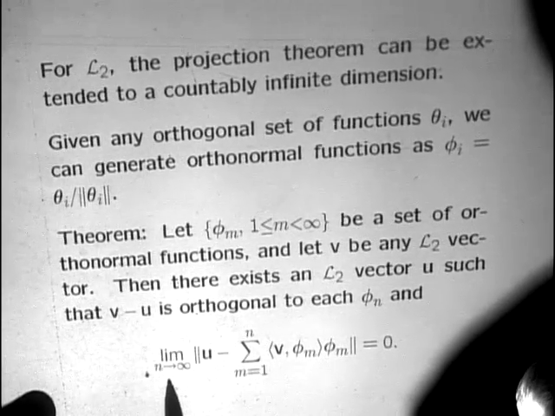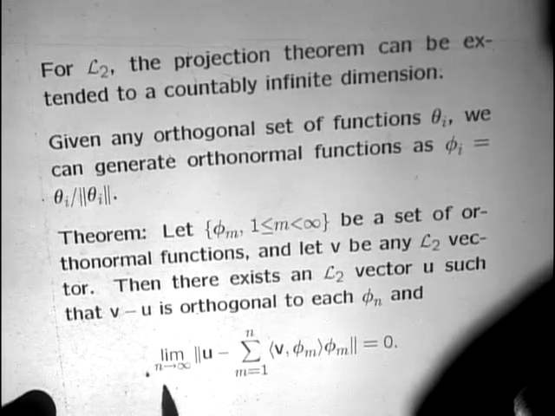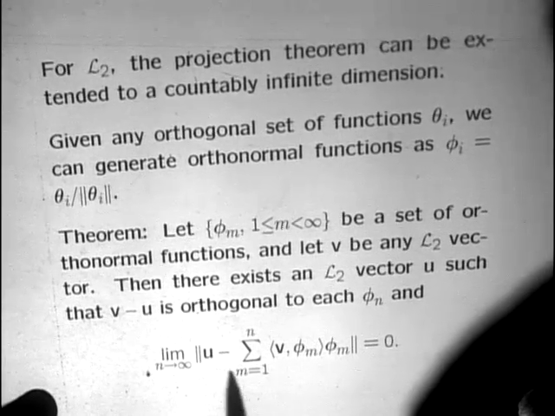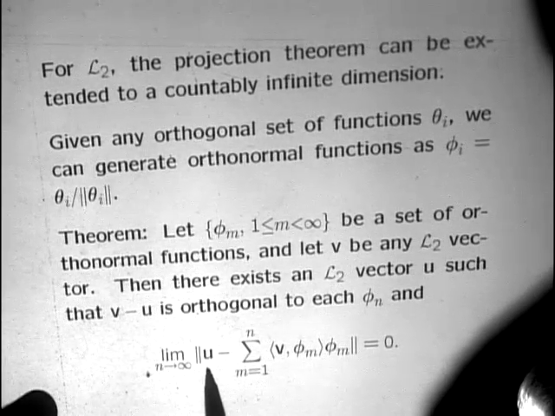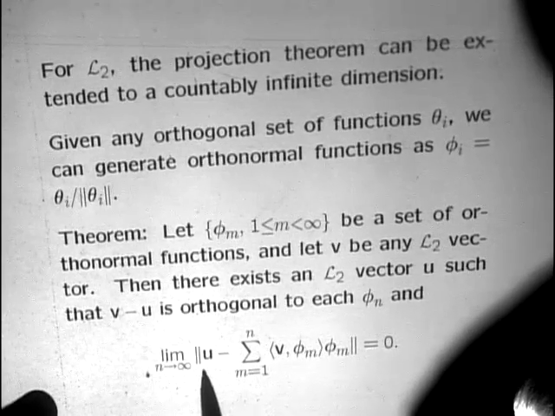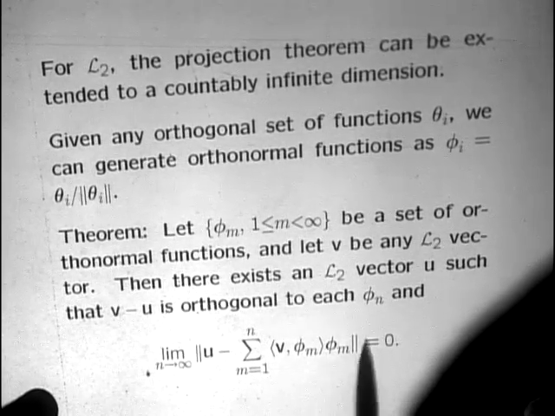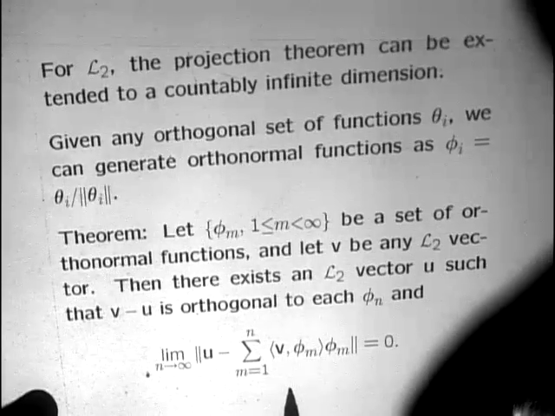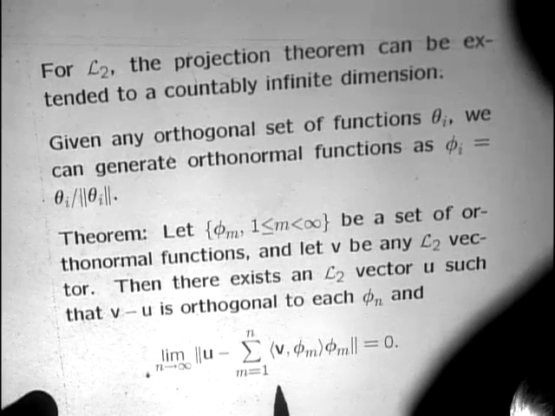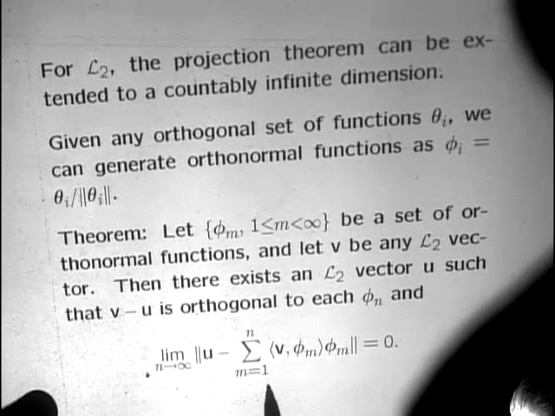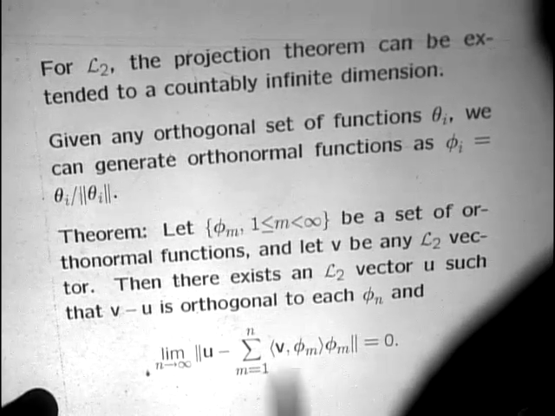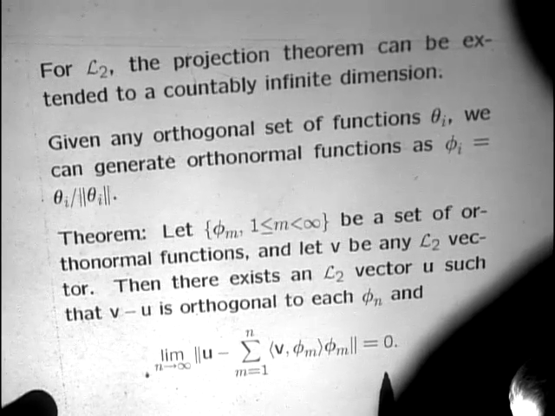I need a limit in here, which says the limit as n goes to infinity of u, namely what is now going to be this projection, minus this term here, which is the term in the subspace of these orthonormal functions. This difference goes to 0.